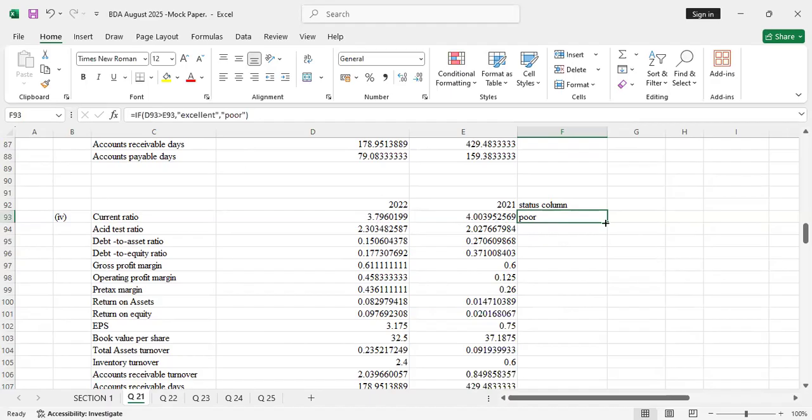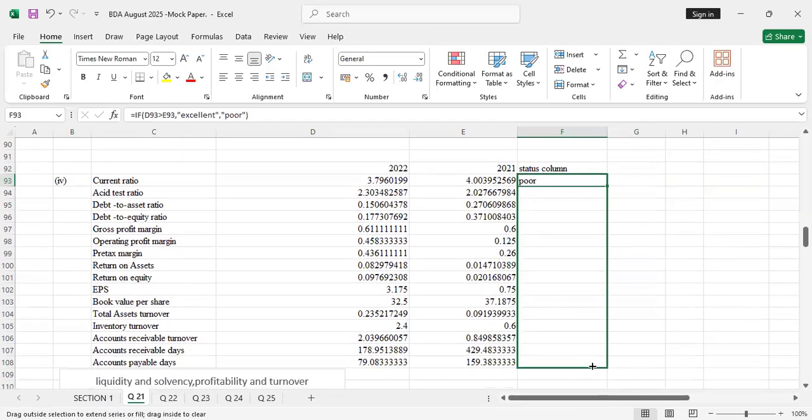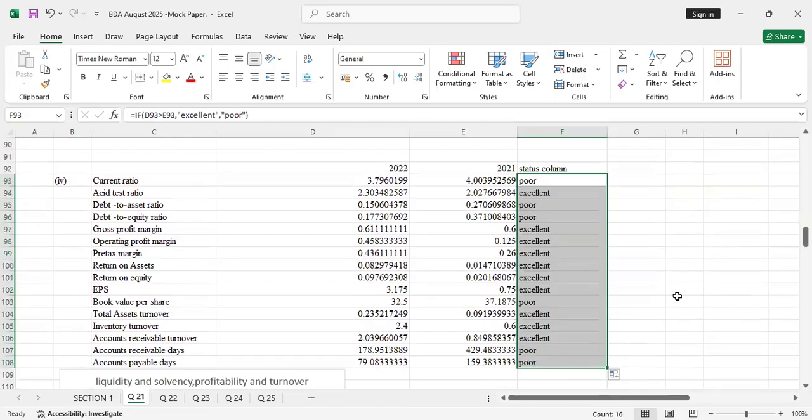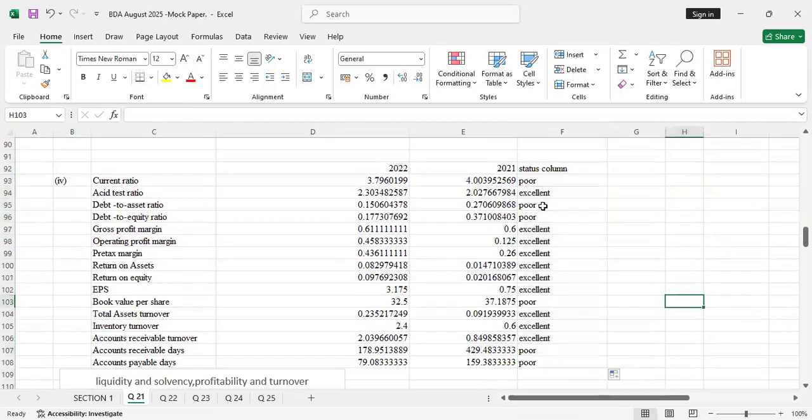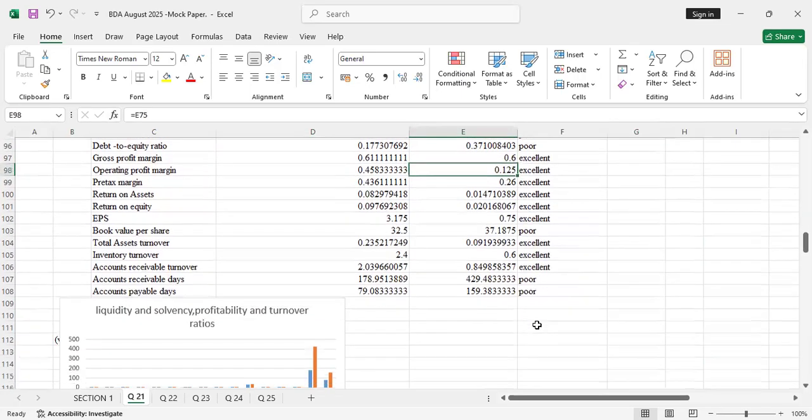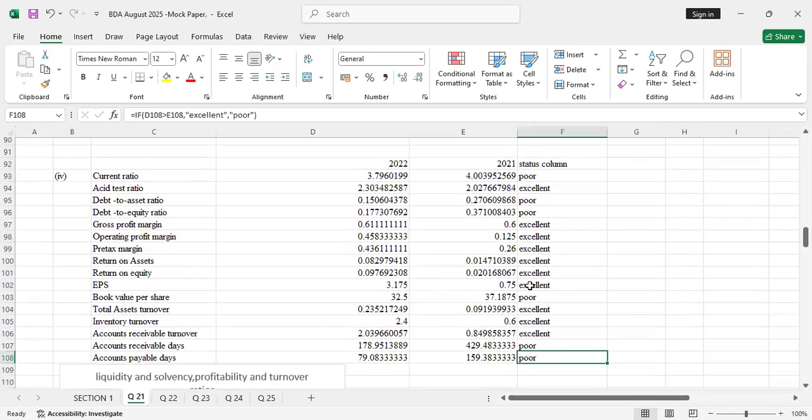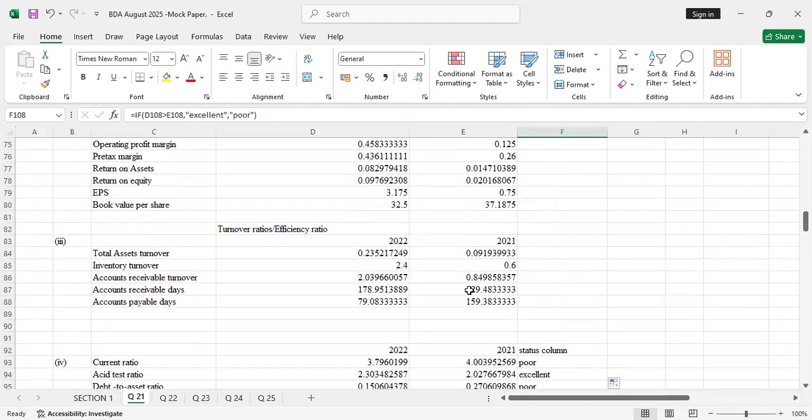Once you have that function, you just drag all the way, and you can see we have poor, excellent, poor, poor, excellent. For example, this 0.61 was greater than 0.6, 0.45 greater than 0.12. So that's how you are supposed to use the logical function IF to answer this question.